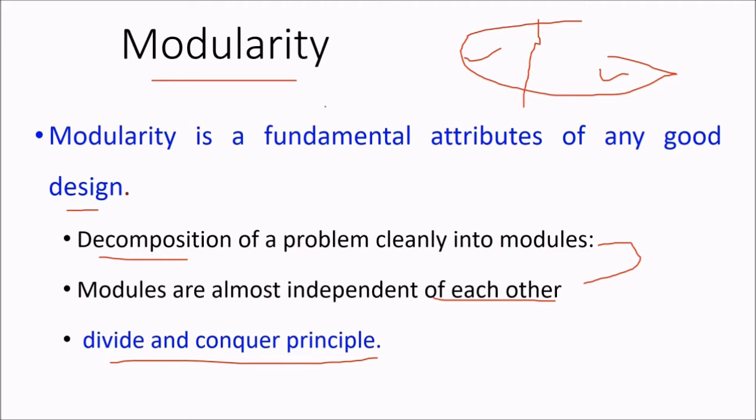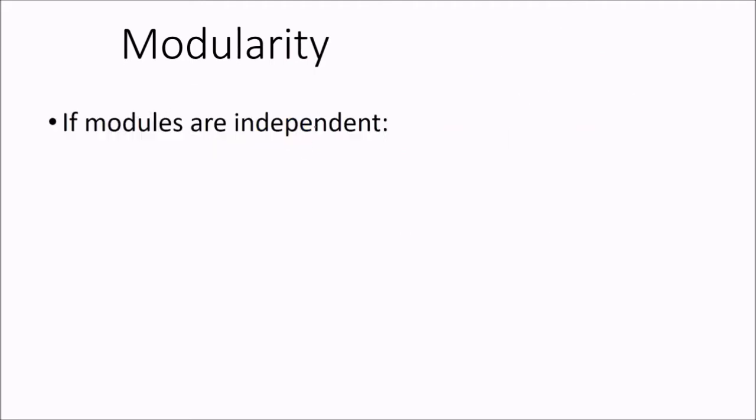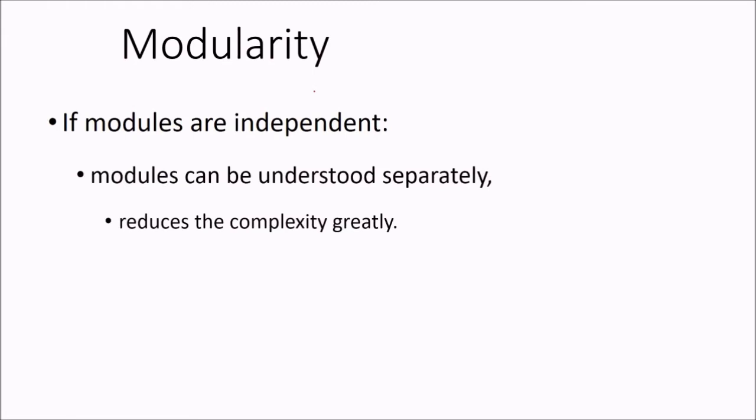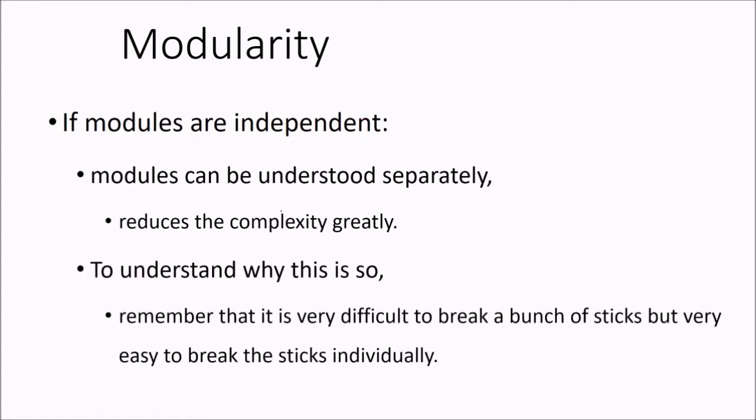If modules are independent, then modules can be understood separately, individually. And again, if this happens, then the reduction in complexity will automatically come. To understand why: it is very difficult to break a bunch of sticks, but it is quite easy to break the sticks individually. So the real life saying also holds here.